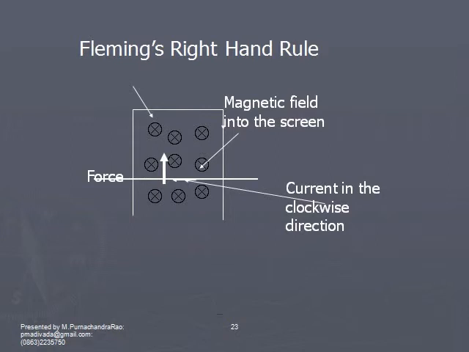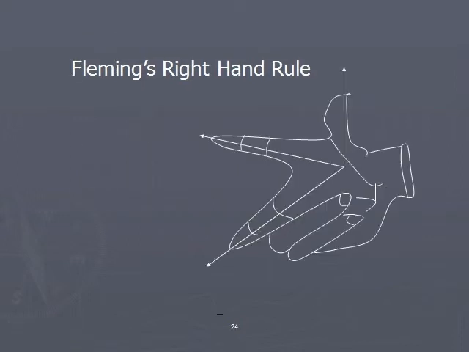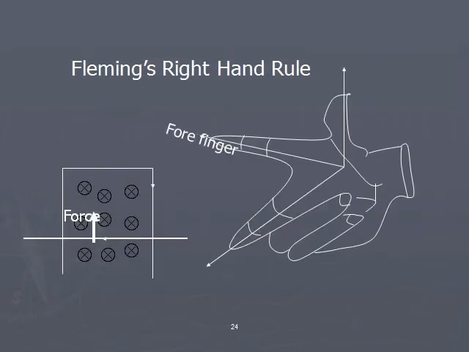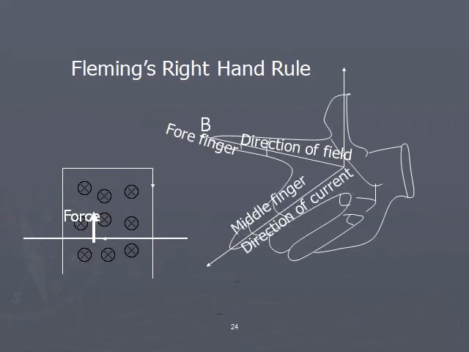Now, to find the direction of this force, we can use Fleming's right hand rule. It says to stretch the forefinger, middle finger and the thumb of the right hand in three mutually perpendicular directions.